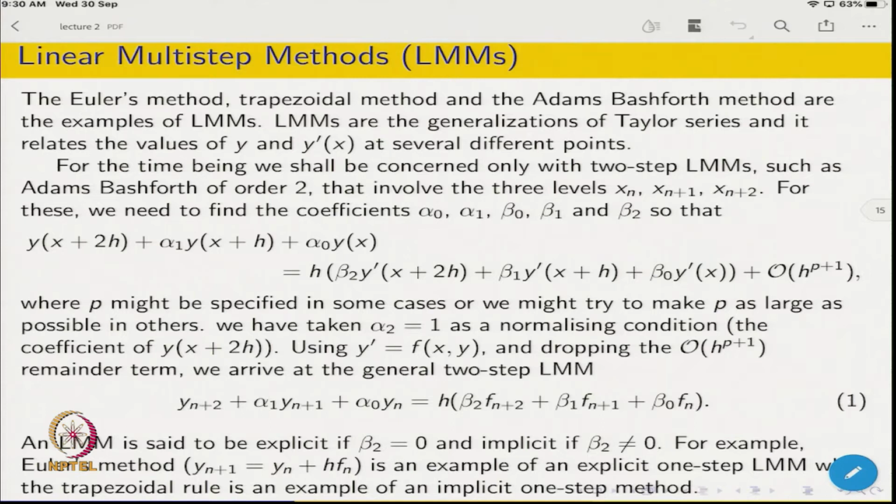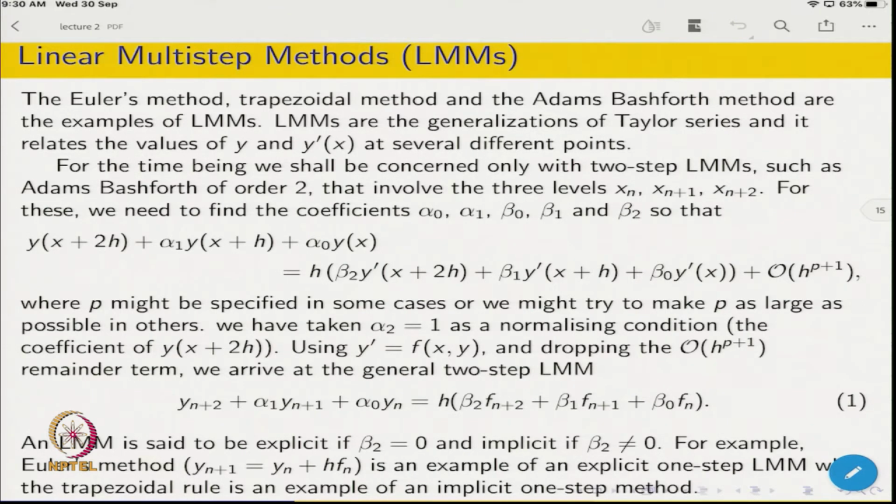Because you will see that when we were looking at the Taylor series methods, the terms involving second order derivatives and higher order derivatives were kept as such, while in the other cases which we have seen so far, the terms involved only y and the value of its derivative.